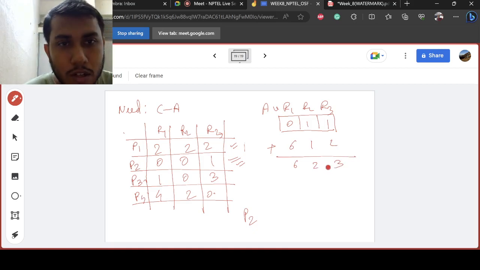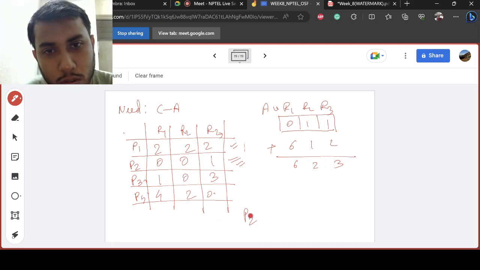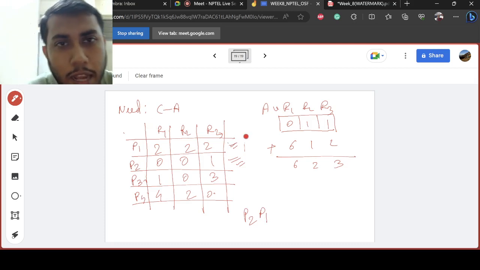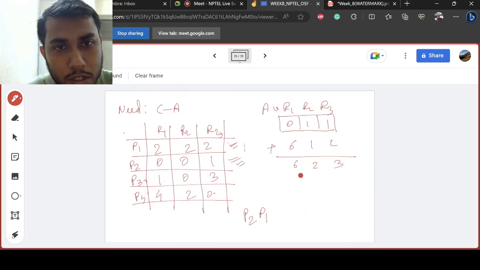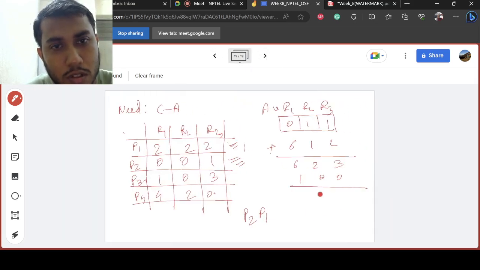Now we will look at which one can go next and complete. P1 can go, because it falls under the available amount, and we will add P1's current allocation 1 0 0, which makes it 7 2 3.